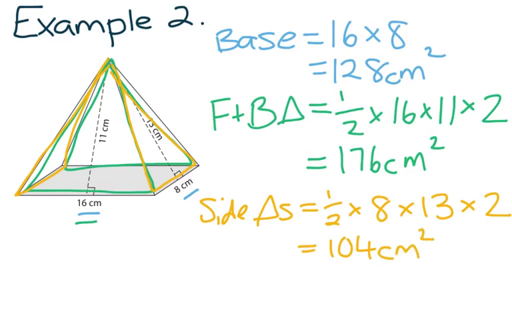Then for our total surface area, we would add all of those together to get 408 centimetres squared. Now, when you do this, you would show that extra working. I've just run out of space there.